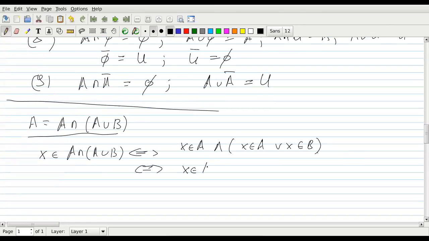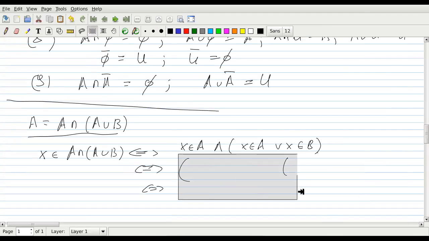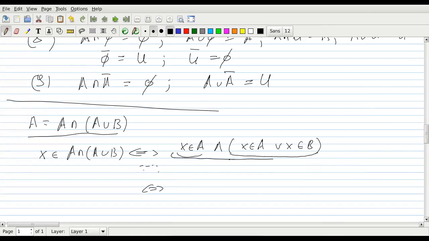Of course, here we have two cases. Either X is an element of A and X is an element of A, or X is an element of A and X is an element of B. That means that X is an element of A. Just see: X is an element of A and X is an element of A or X is an element of B. Do you agree that this is enough for X to be an element of A?